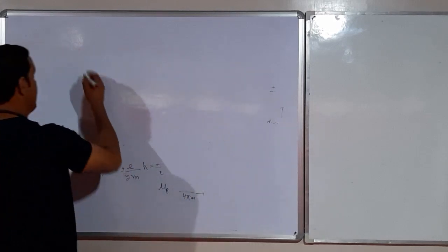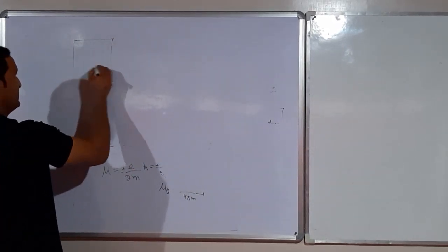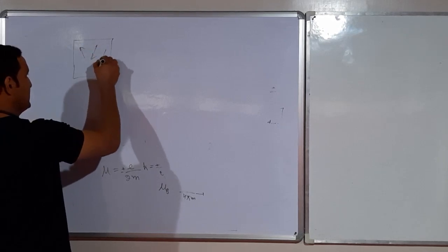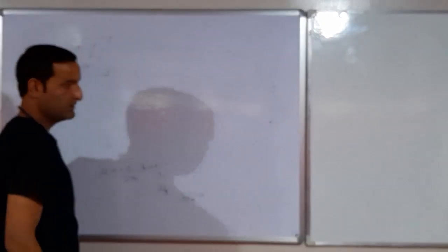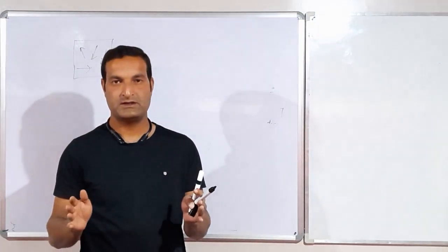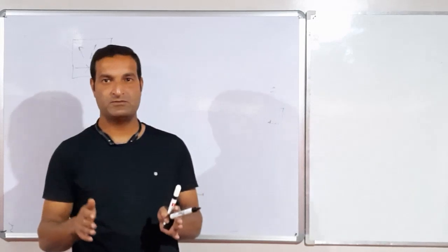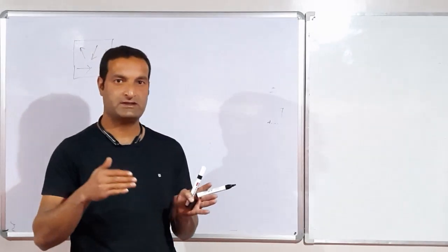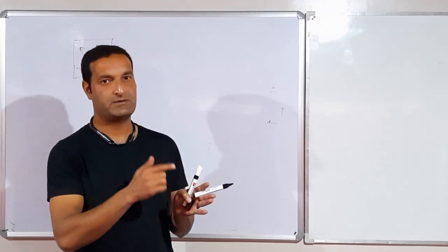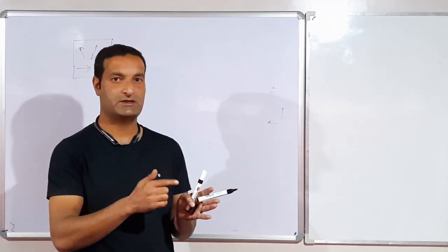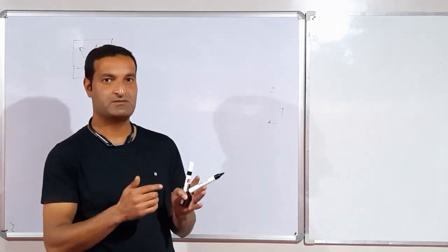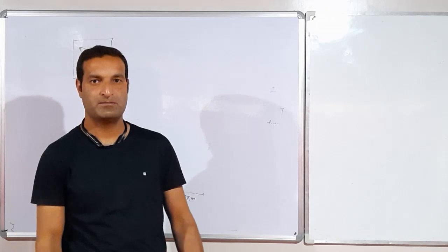So in every material there are magnetic moments, but they are not in random direction. When we apply a magnetic field on a material, these magnetic moments will tend to align themselves in the direction of the magnetic field for paramagnetic and ferromagnetic materials. But in the case of diamagnetic materials, they orient themselves opposite to the direction of the magnetic field.